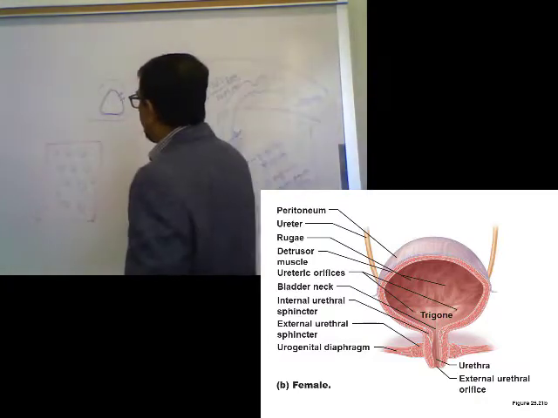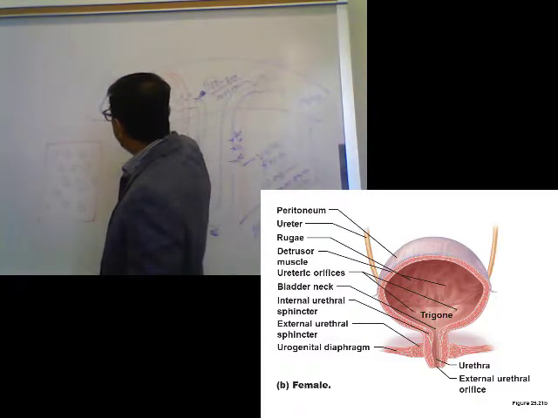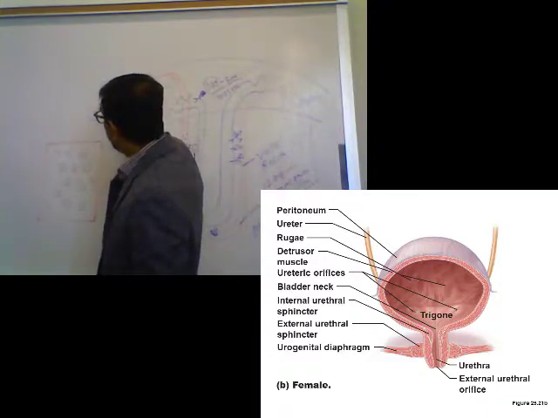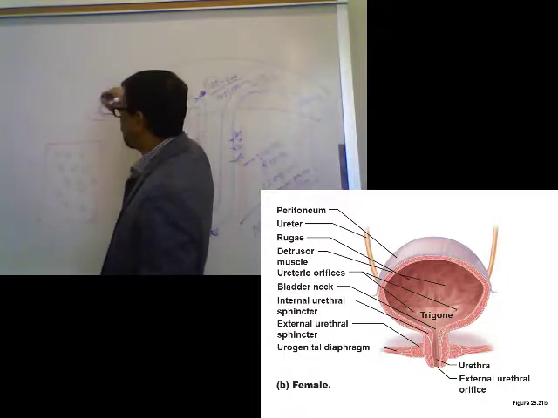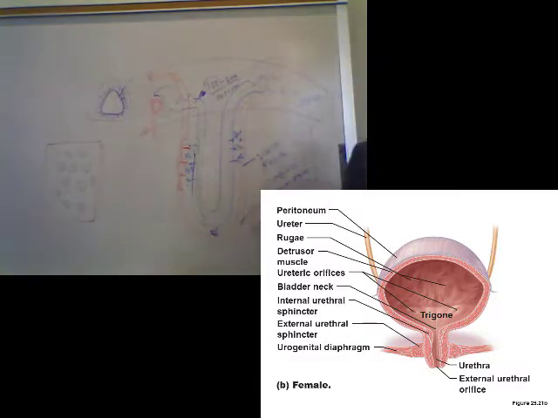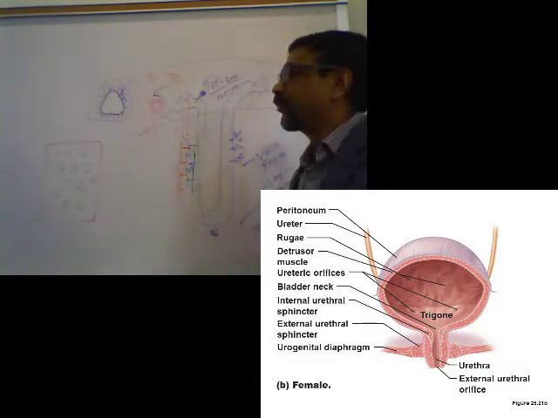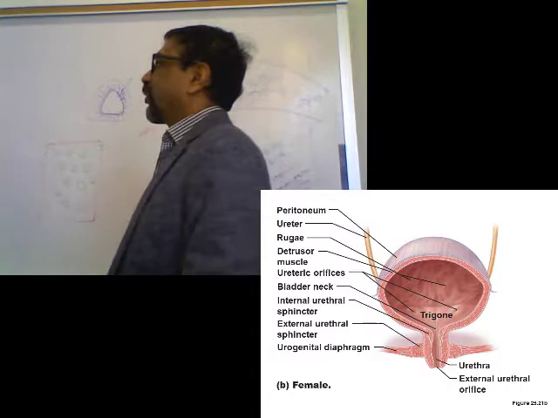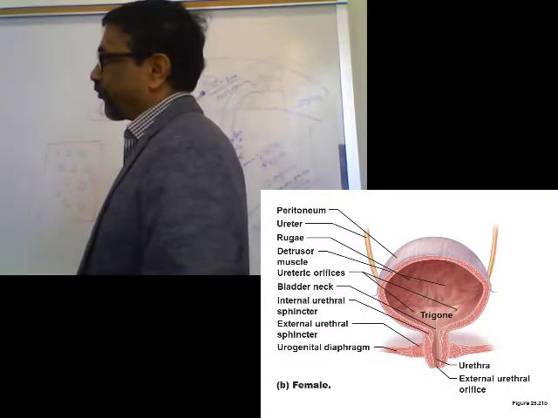The middle layer is a thick muscular layer, and this muscle is a special type of smooth muscle called the detrusor muscle.